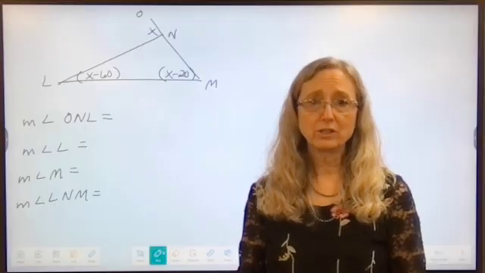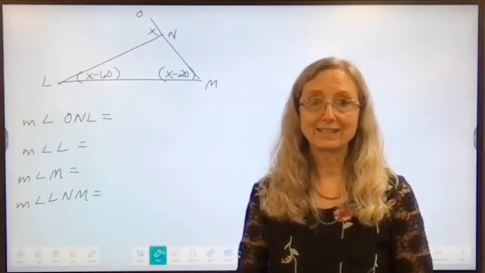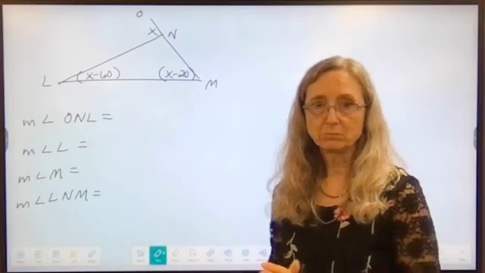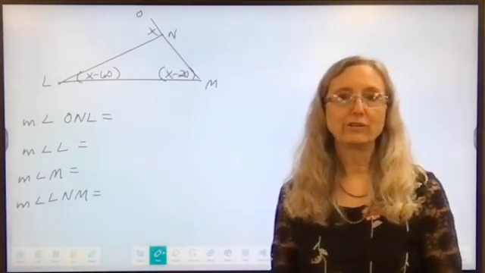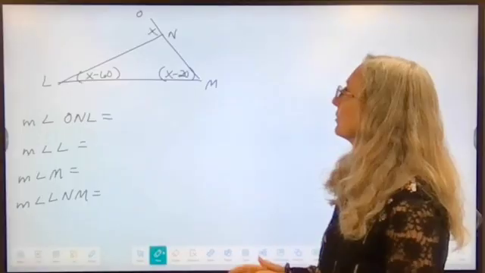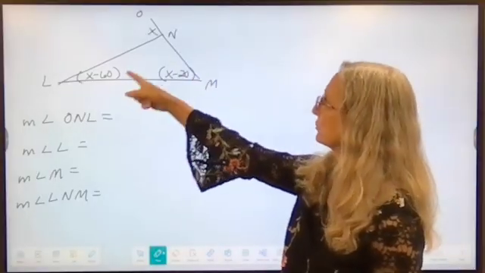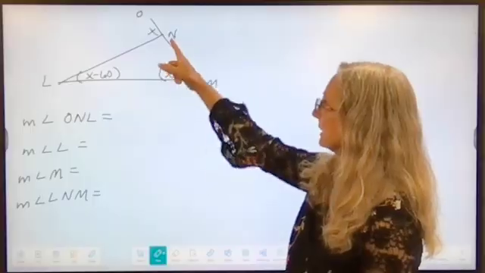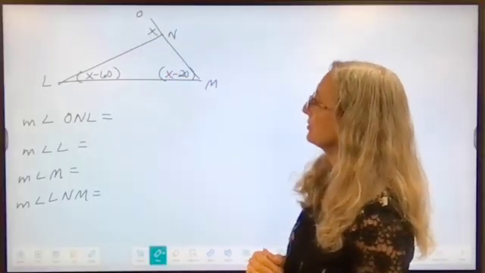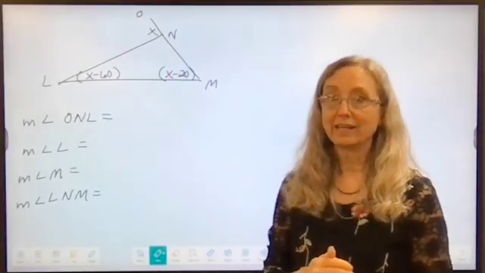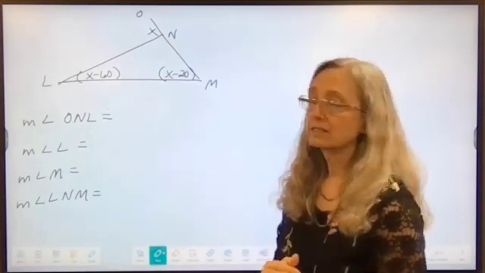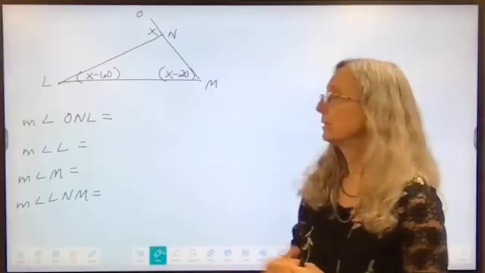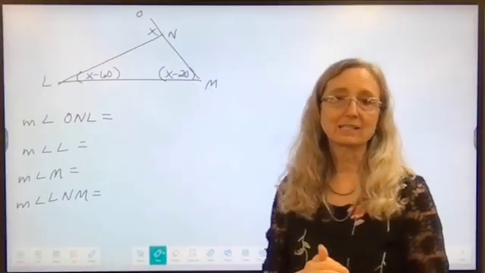Okay, I really want you to try this before we end this video. Here's a problem, and I want you to find all 4 angle measures. So notice I have triangle LMN, and I have this exterior angle, LNO. The exterior angle is equal to x. L is x minus 60, just in case you can't read my board, and M is x minus 20.